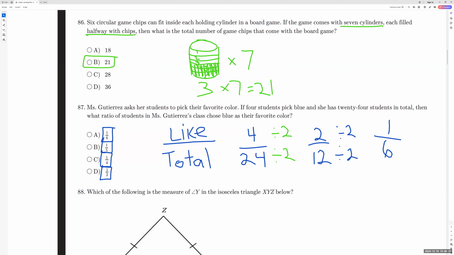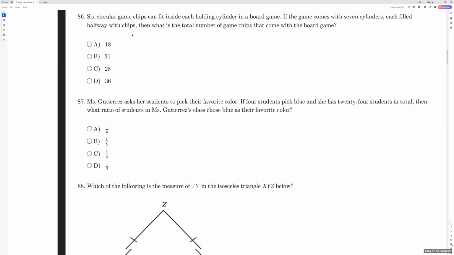Only one answer gives me 1 over 6. That answer is A. So that is the correct answer. Okay, I'm going to erase the drawing so you can pause the video again and pause it as many times as you want, because I need to scroll.